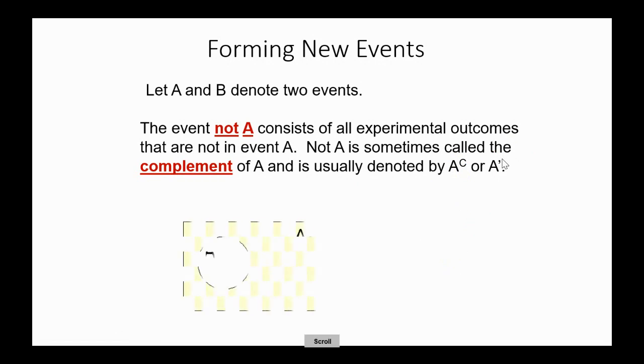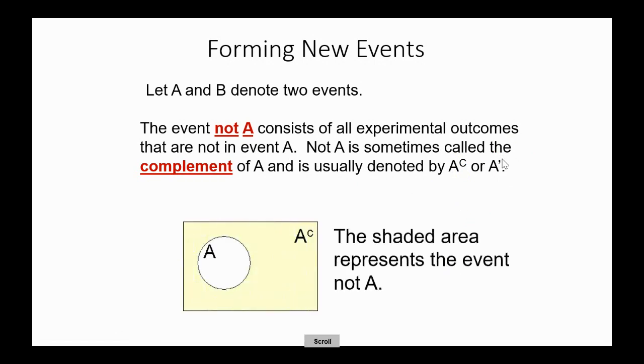And then we can even draw a Venn diagram where A complement is everything outside of A. So our event A is the circle. A complement is everything outside the circle, but inside the rectangle.